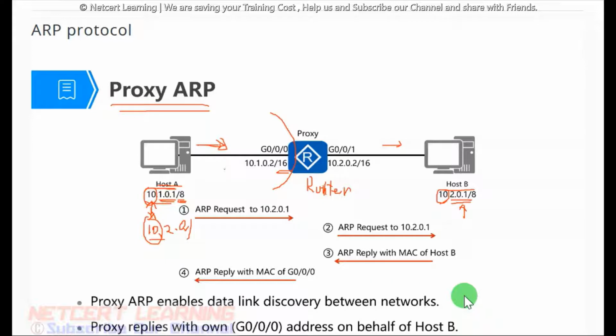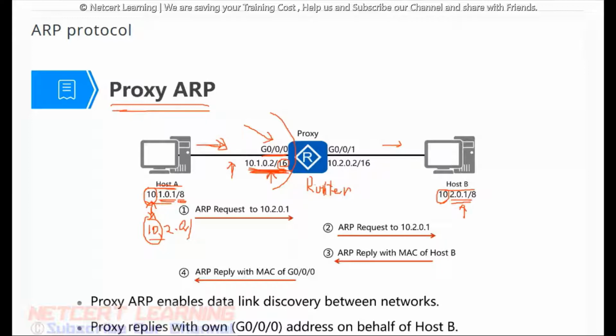But in the true scenario, host A and host B are not in one network, so host B cannot receive it. But if this router is enabled with proxy ARP, that means the router receives the ARP request on the GigabitEthernet 0/0/0 interface. Then the router will know this is an ARP request for another network, since the mask length is different.